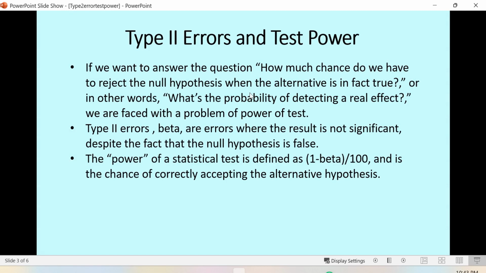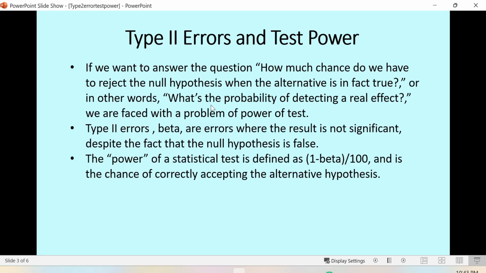And if H1 is true, how much chance do you have to find this effect and reject the null hypothesis? This is the power of the test. And on the other side, if the alternative is in fact true, but you did not reject the null hypothesis, so you make an error.